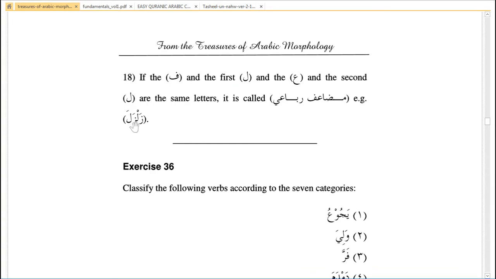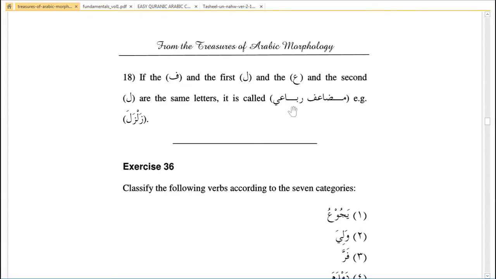For example, zalzala. Za is the fa kalima. This is rubai. So fa kalima is za, and also then the ain and lam kalima is za. This is the lam kalima. At the end, just remember this, just for your information.